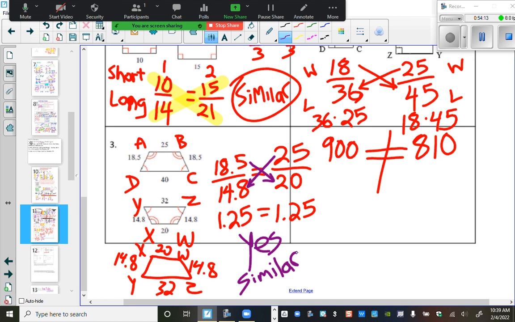Yeah, 20 times 18.5, I think it's 370. All right, and then same thing, 25 times 14.8, you should get 370 as well. So you can do it that way. They're going to be similar. All right, any questions on these? Then on the backside, we're going to do some similar stuff too.